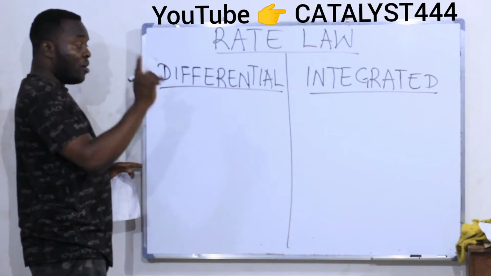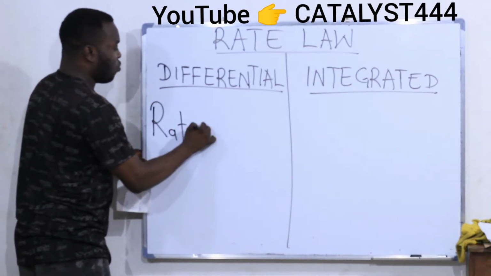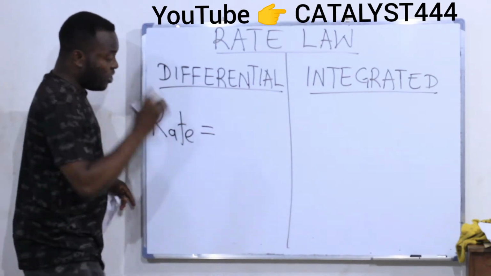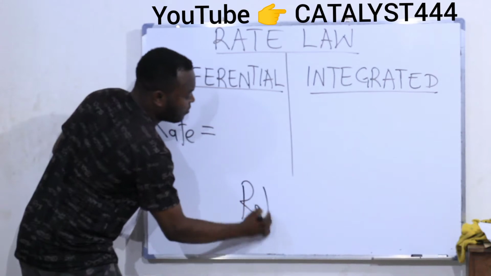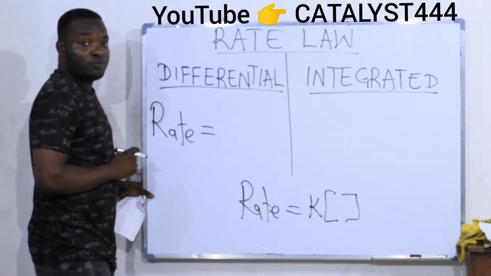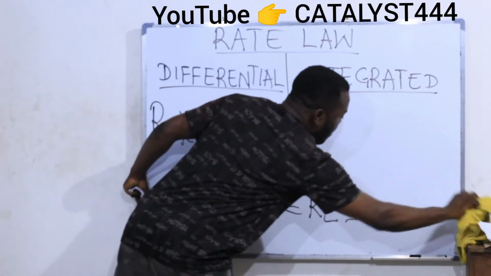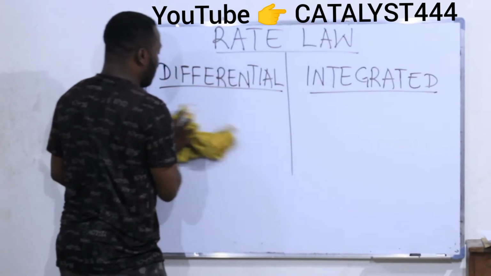Now, for the zero order reaction, note this, generally for differential equations, rate is equal to rate constant multiplied by concentration. So, the power of the concentration is what will now tell you the order of the reaction.